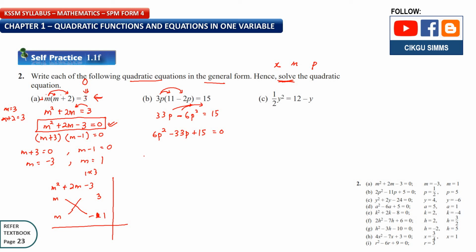I can divide everything by 3. So you need to factorize this, become two brackets. So 2p squared minus 11p plus 5.